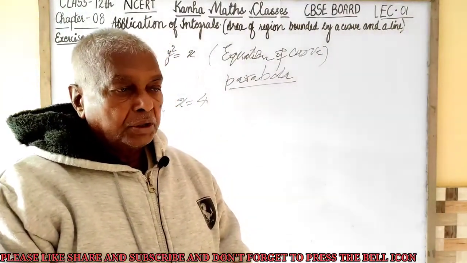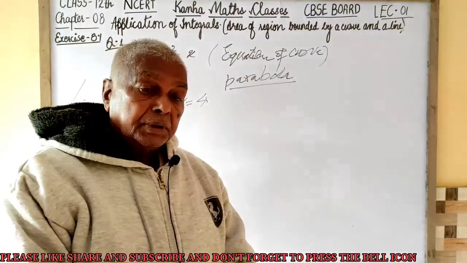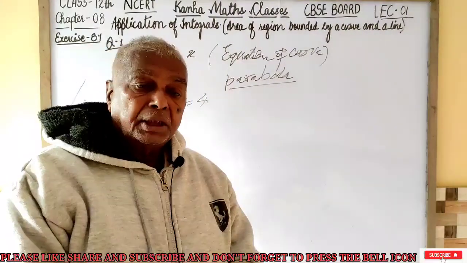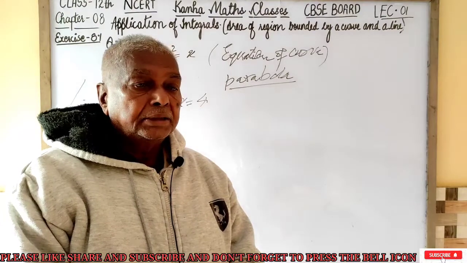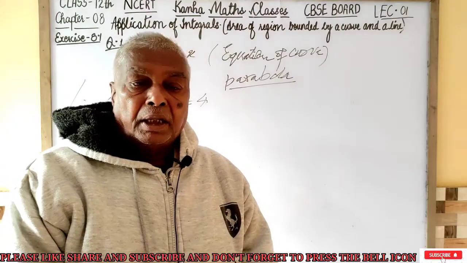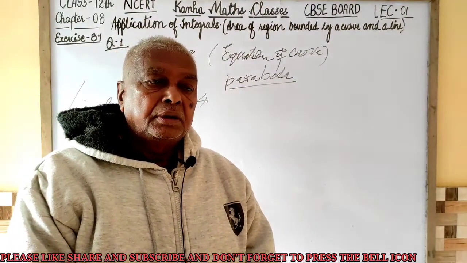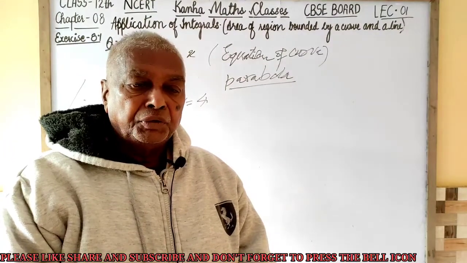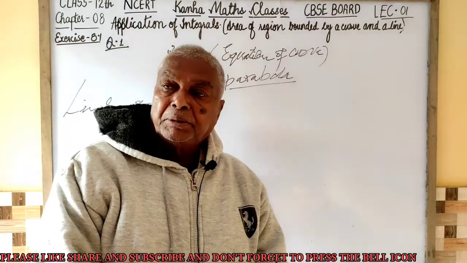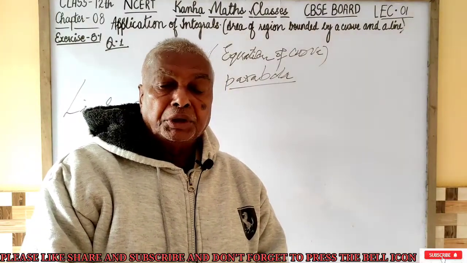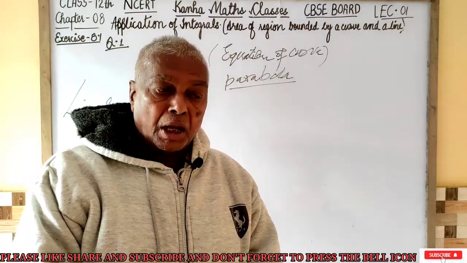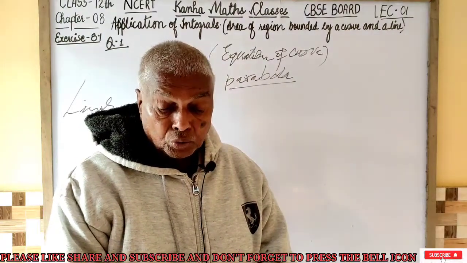In order to find the area of the region lying between the curves and straight lines, we have taken a strip of dx or dy, and by virtue of definite integral, we find the value within the given limits, from x equal to lower limit to x equal to upper limit, or y equal to lower limit to y equal to upper limit.